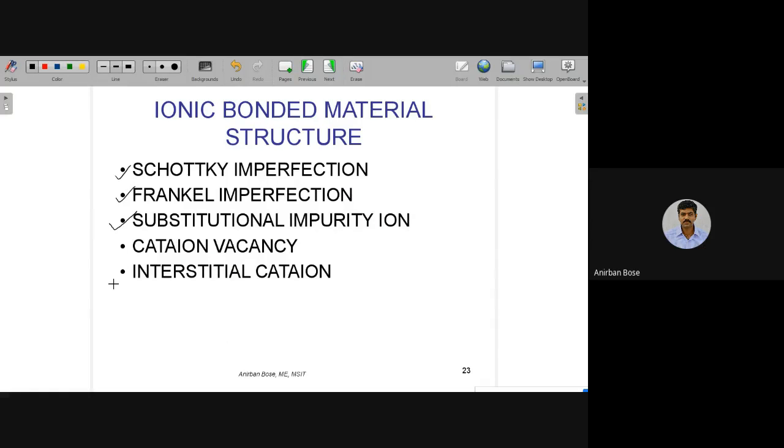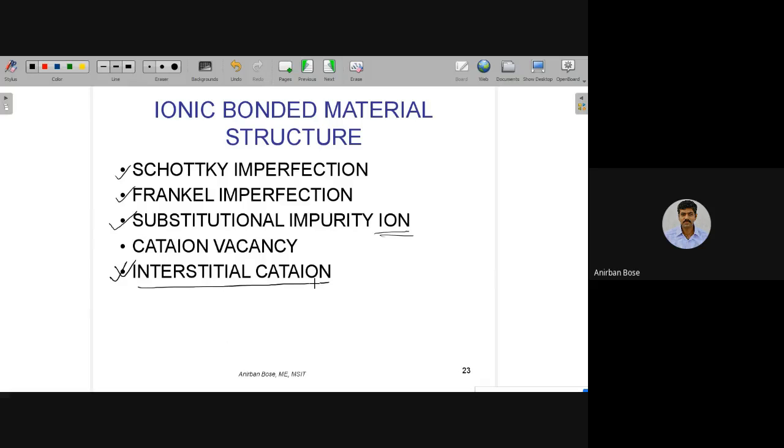If the substitutional impurity ion has a different valency, it is possible that either cation vacancy or anion vacancy will occur, right? That you have understood. If the substitutional impurity ion does not have the same valency as the one it is substituting, either cation or anion vacancy is possible, but still it will be electrically neutral.